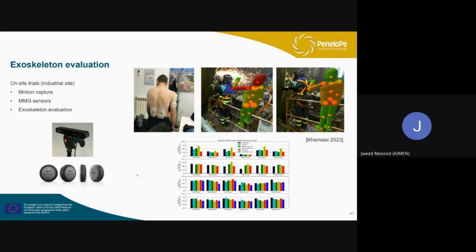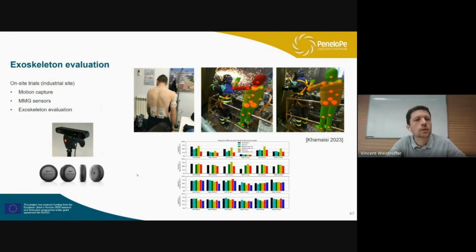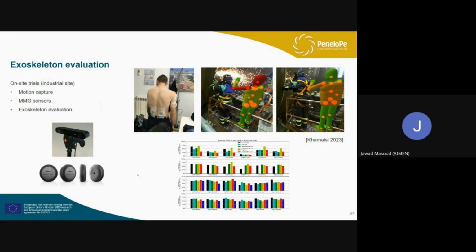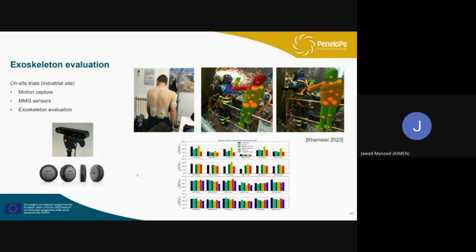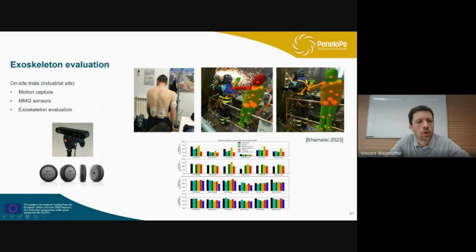But they are superficial, right? I mean, you are just going to attach it on top of the muscle. Exactly. Yeah, it has to be on the skin, okay? As you see on the picture here, you have to put them and tape them on the skin. But then the location doesn't need to be really precise. It just has to be on the muscle you want to listen to. So that's the difference between MMG and EMG.